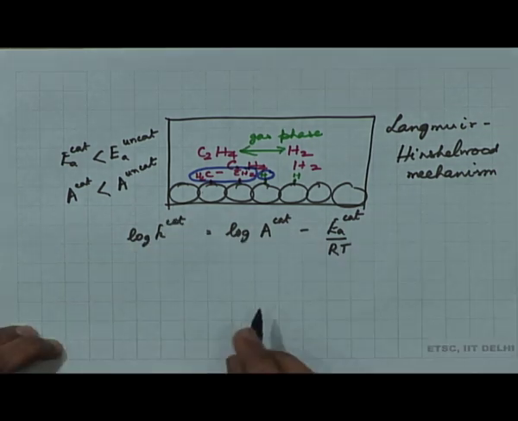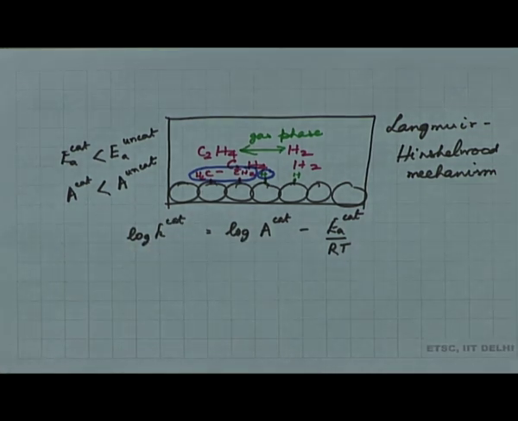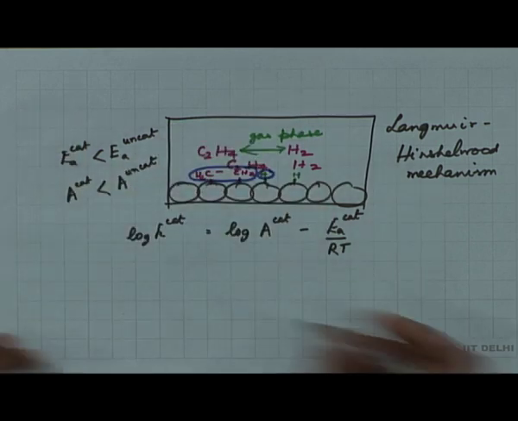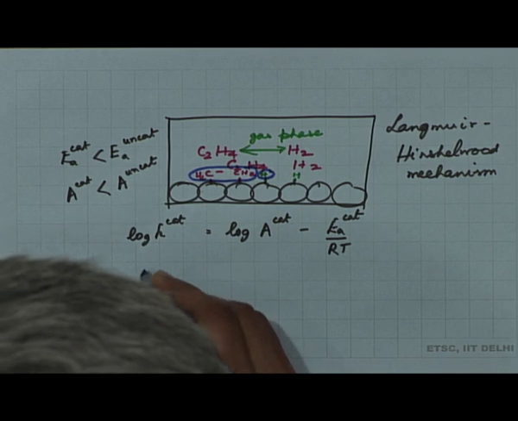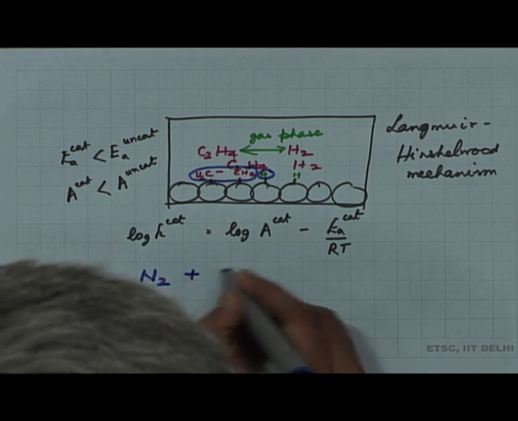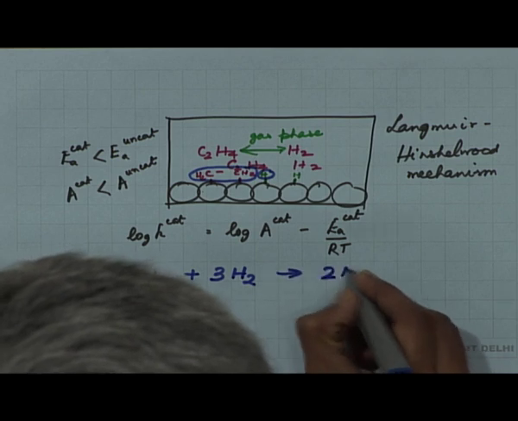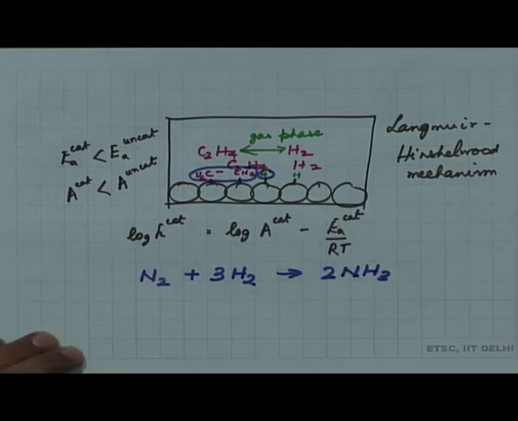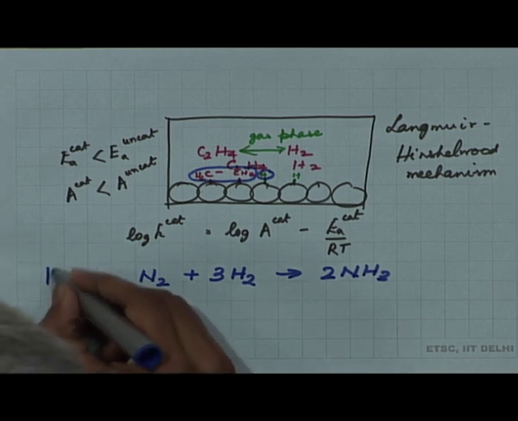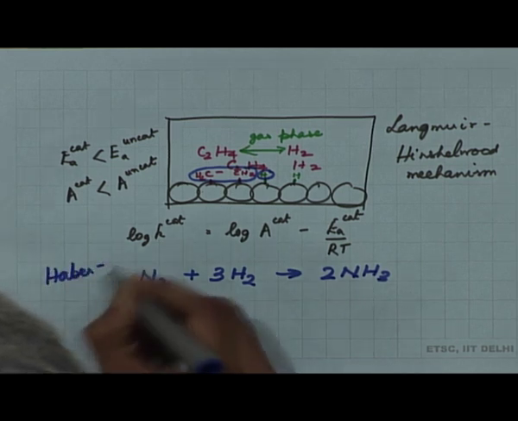So, the Langmuir-Hinshelwood mechanism in the general case, I have discussed this for the specific case here. For the general case, imagine that I have a reaction N2 plus 3H2 giving you 2NH3, two diatomic species, happening on the iron surface. This is the Haber-Bosch process.